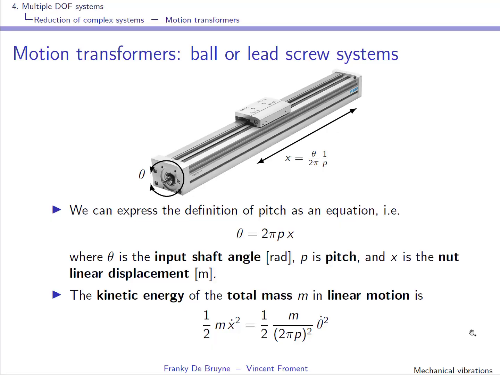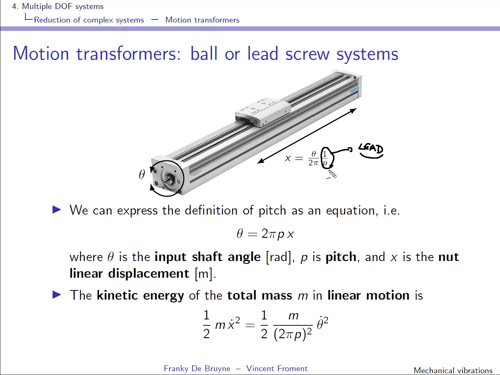Okay, so we can have a look at this ball screw system. 1 over P here, that's the lead. Okay, and if theta goes from 0 to 2 pi, x will have changed position by a quantity that is exactly the lead.